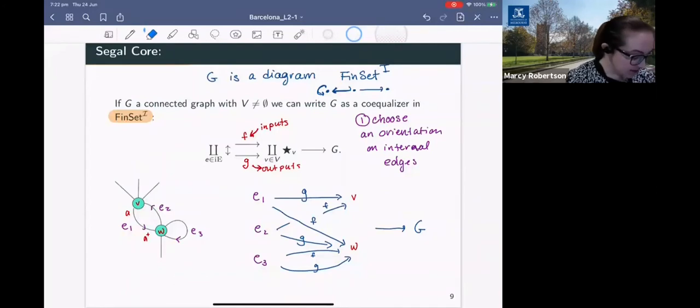This is strict, what's going on here. So it is true that we've artificially done something. I chose an orientation. The thing is, if you choose a different orientation, you'll also get the same graph. So it doesn't actually change things, but you are correct that it's a bit weird.